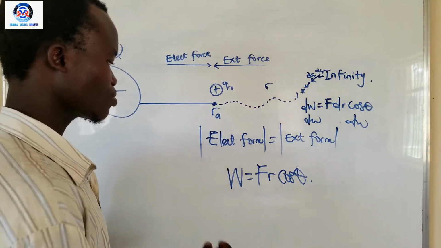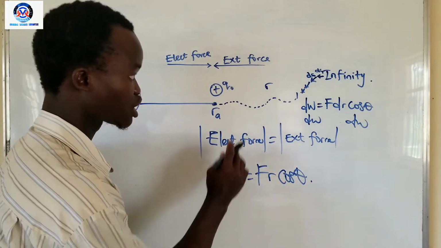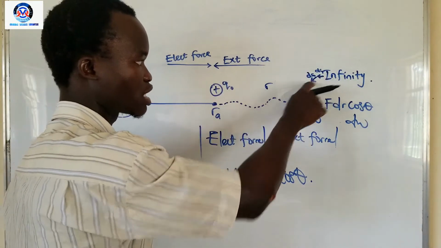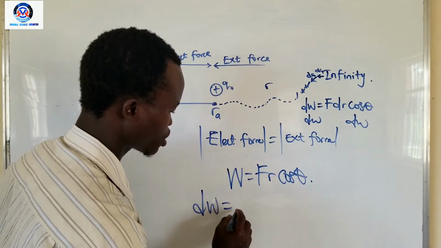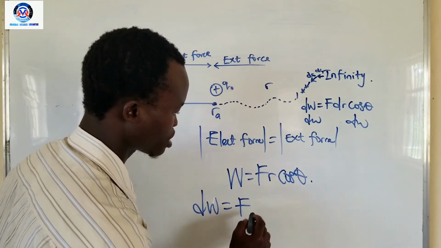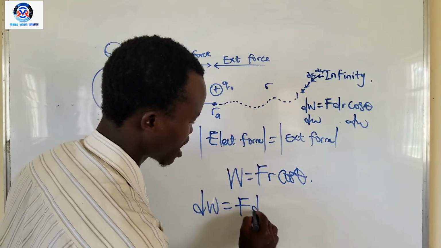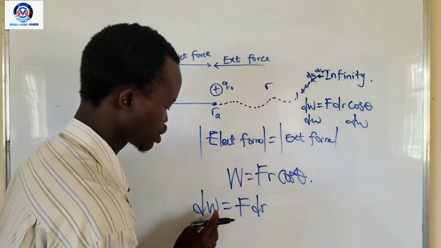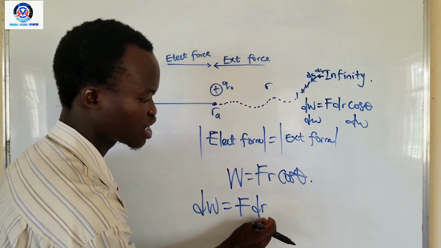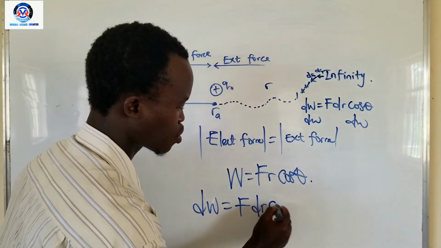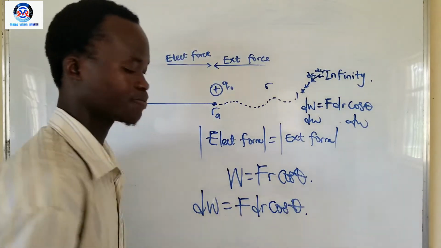So now the small work done on this part, dW, is equal to the force multiplied by dR, the small distance, times cos theta.